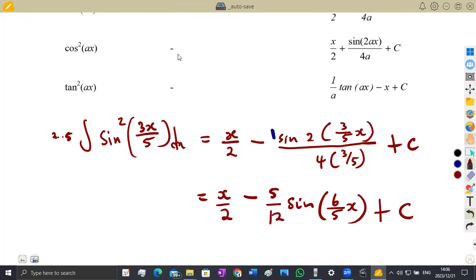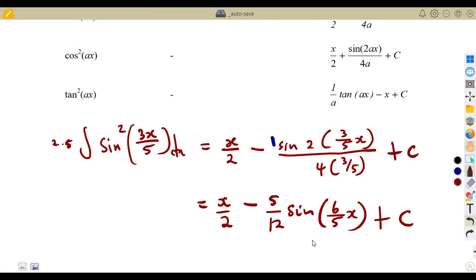You have the identity, you have the formula, the integral that is specifically for that sine. It's a sine squared, not sine to the power of 4 or something like that. Yes, we could have used the identity, and I talked about that in the introduction of these identities.